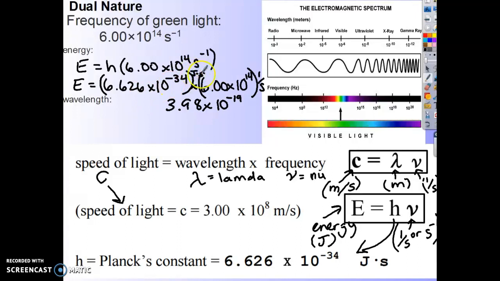Then once we use J times s and then multiply it by something that's 1 over s, you should be able to see that our s's will cancel because it's an s in a numerator unit times s in a denominator unit, which is really the same as s divided by s. So our unit in the end is just going to be joules, which is the unit of energy.